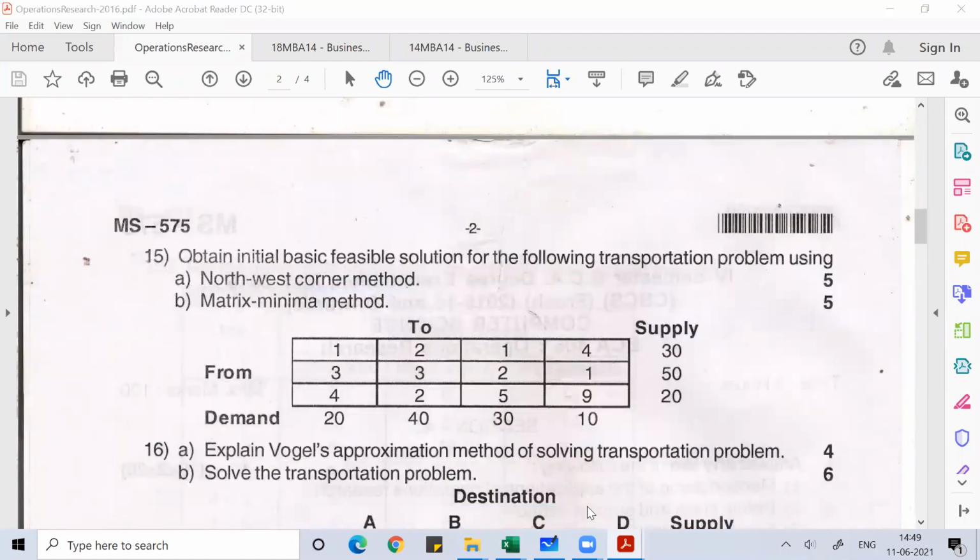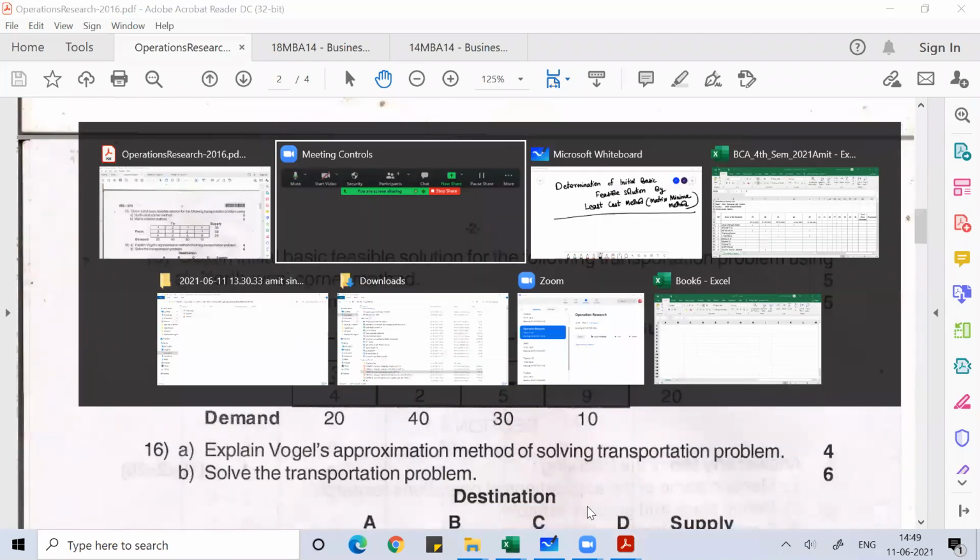This question was of 5 marks. Whenever you get a question, make sure you spend 2-3 minutes reading it.